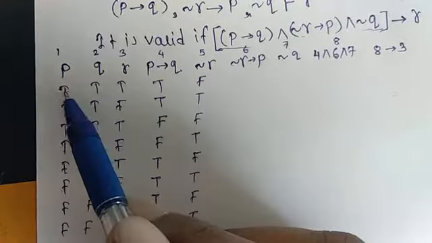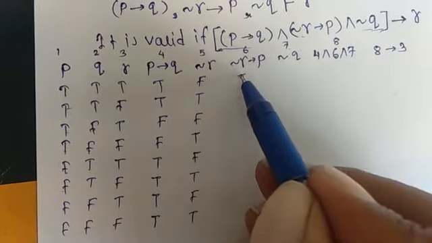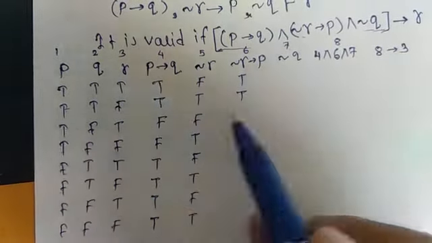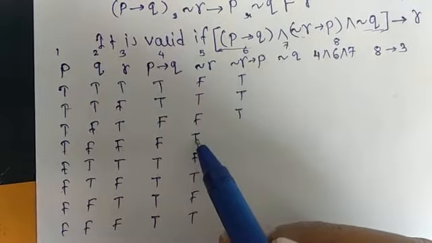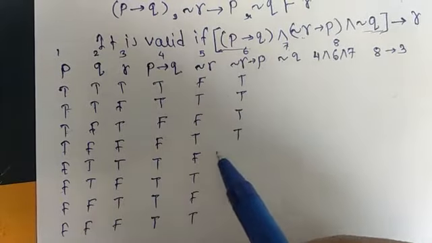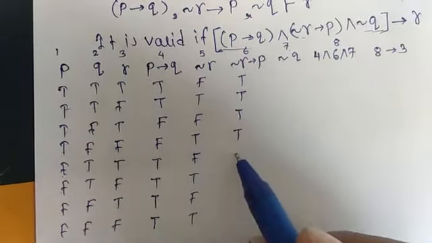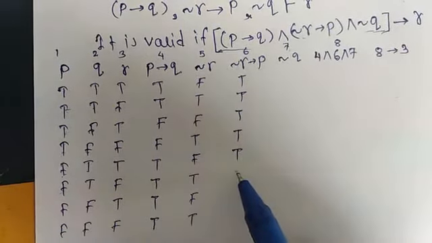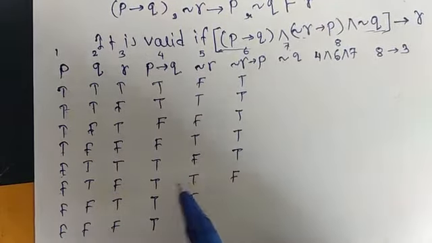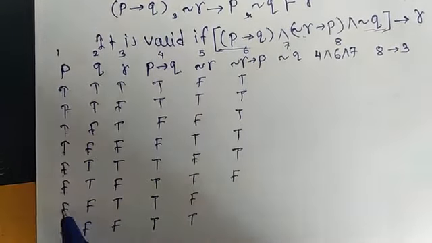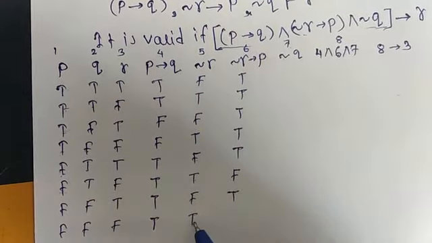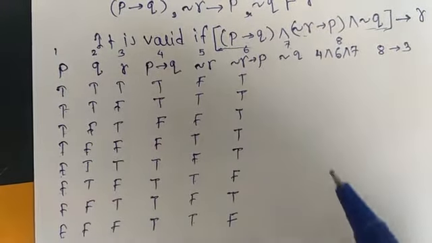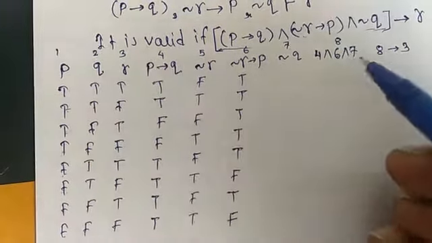So false implies true is true, true implies true is true, false implies true is true, true implies true is true, false implies false is true, true implies false is false. Here both false, true. And the last, again true implies false, it is false.